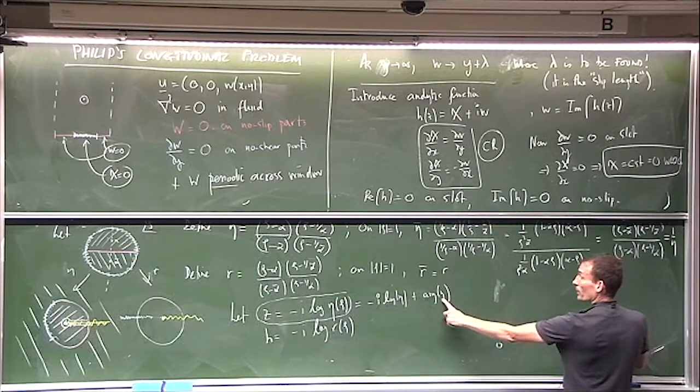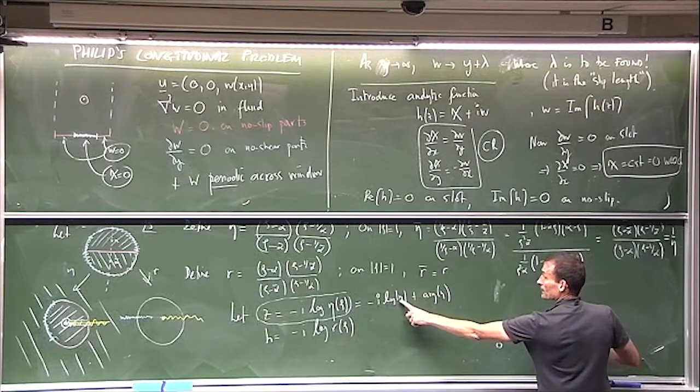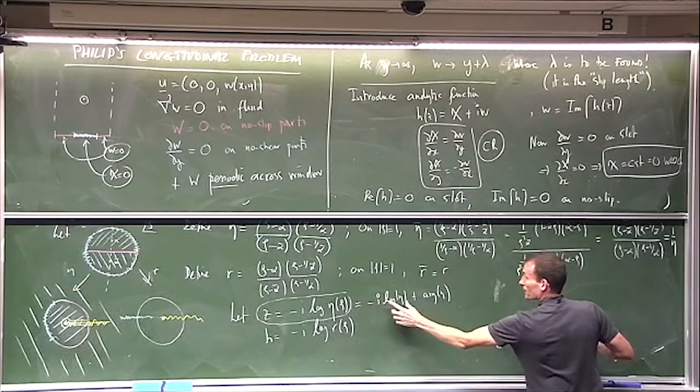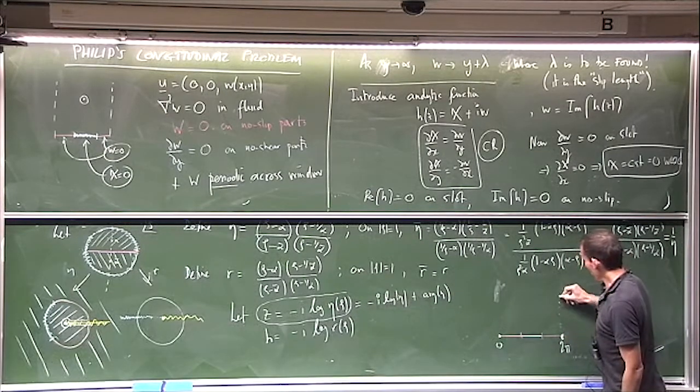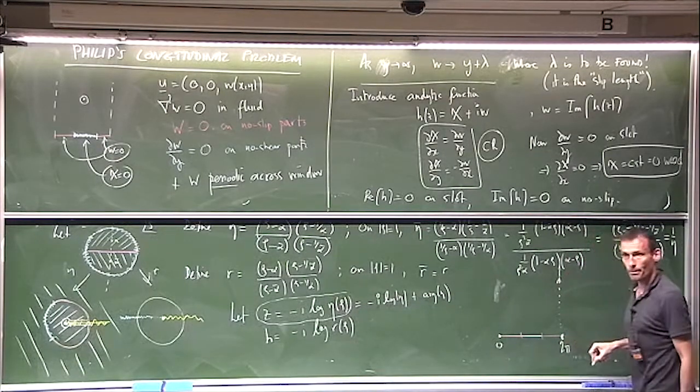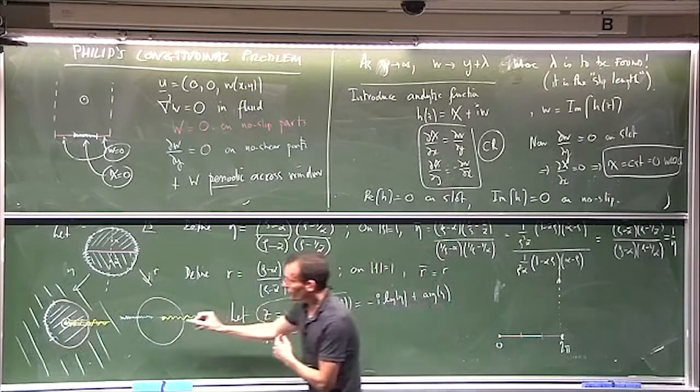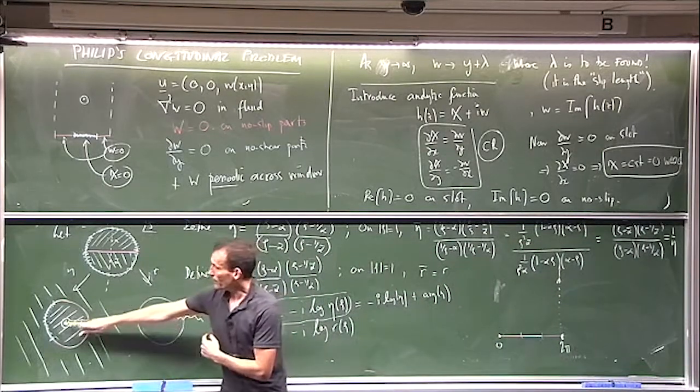This is fixed at 2 pi, and this is becoming very, very small, but there's a minus sign. This is negative, and it's purely imaginary, so I'm going up the side of the period window. So the side of the period window is that one. And then I'm off at infinity.